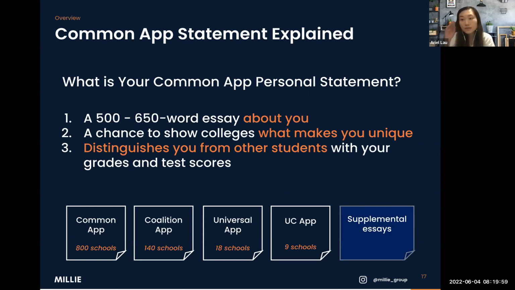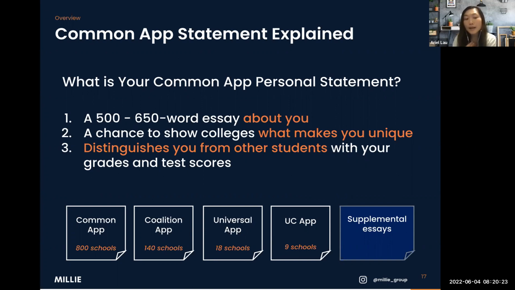So in order to distinguish yourself from the rest of the applicants, you have to have a really good personal statement. The reason why we focus on Common App today is mainly that Common App has the widest university coverage out of all the other remaining application portals that the US colleges also use.